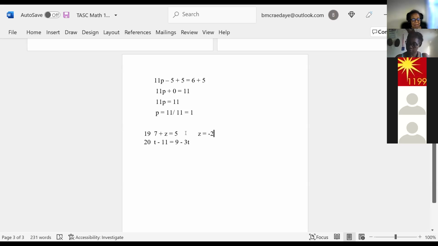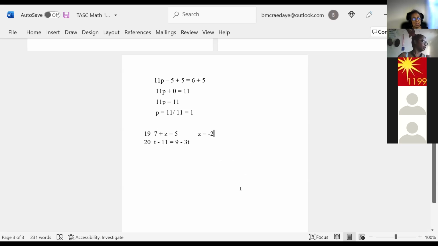So 5 minus 7 is negative 2. But you didn't have to really do that. With mental math, you can say what number adds to 7 to get 5. It's got to be a negative number, and a negative 2 would decrease the 7 to 5. Okay, got it? Makes sense? Okay.